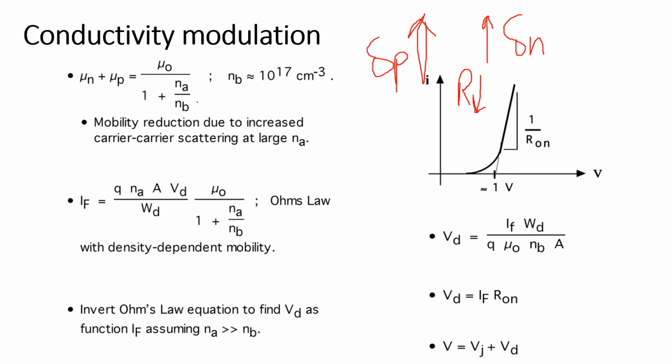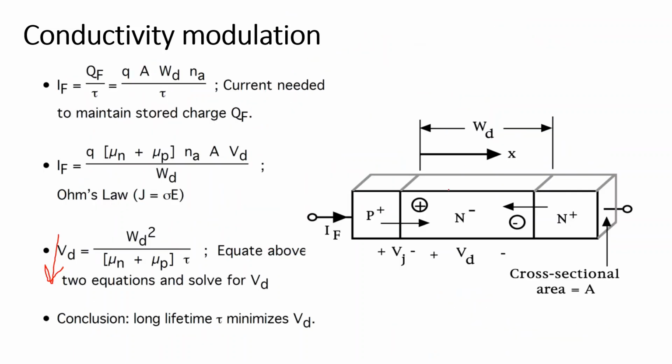But there is another phenomenon which limits this R reduction when delta P is very high. So if delta P is very high, what happens is that too many charges are filled in this region.